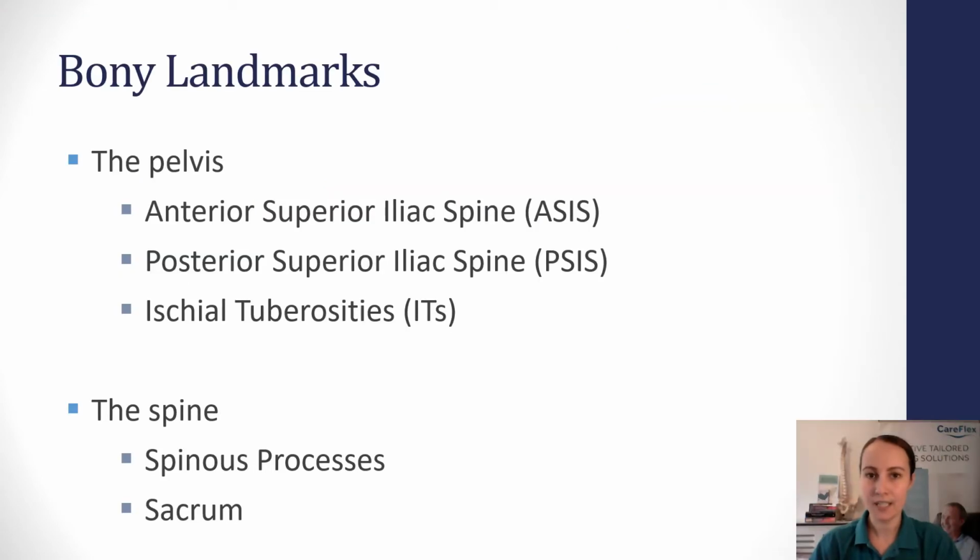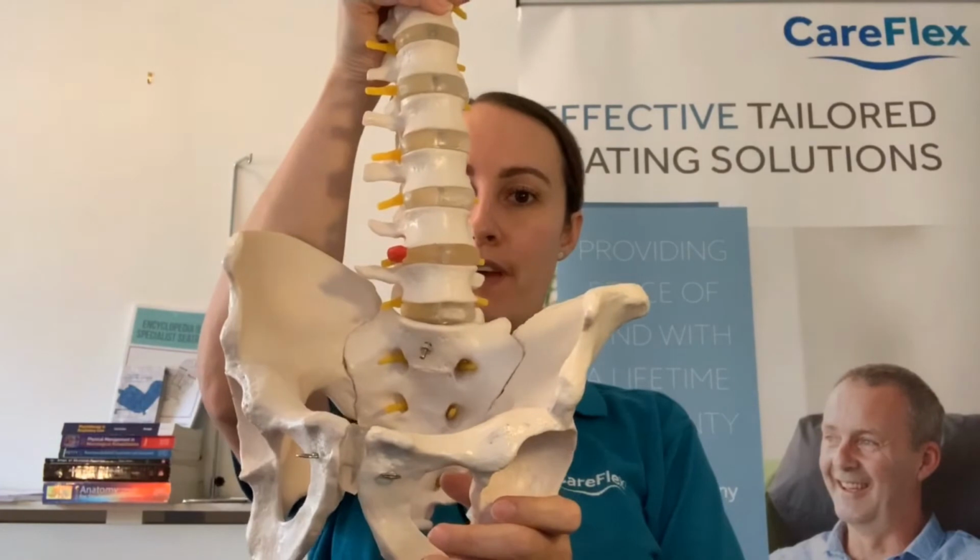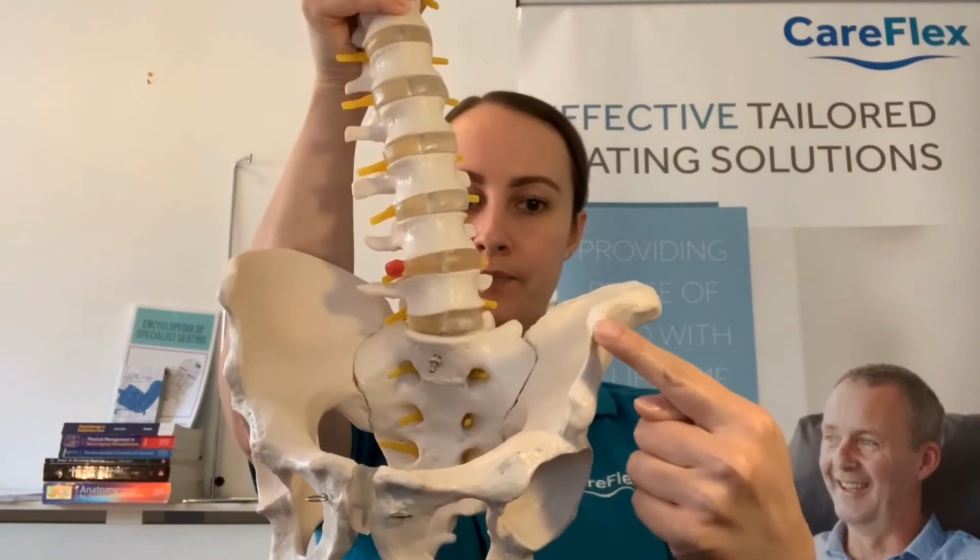Before we begin, let's quickly recap the important bony landmarks that we need to know about before we can fully understand the seating challenges of the body. Last session, we had a look at the anterior superior iliac spine, the ASIS, and to recap, those are located at the very front of the pelvis.